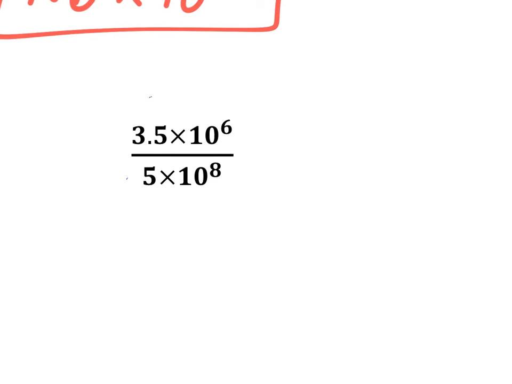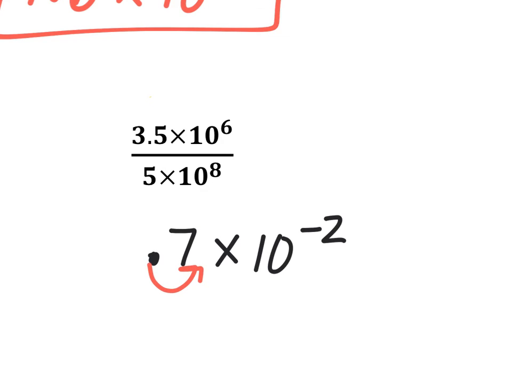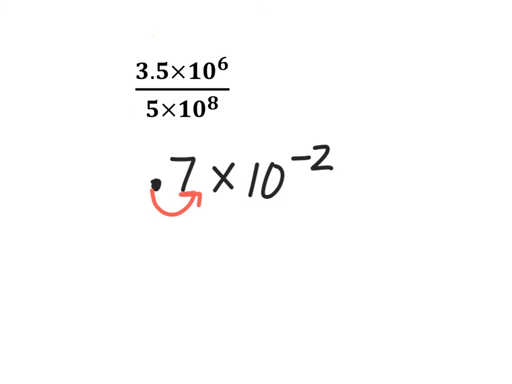I got 0.7 times 10 to the negative 2, which is not in scientific notation, so you would change it to 7 times 10 to the negative 3. Yeah, okay, so this one, 7 times 10 to the, because you're moving it one more place to the right this time, you'd have to think, okay, if I want to move it back, I'd have to move it to the left. So you're going to subtract one more. So negative 3. Either way, you're like bumping it up, right?